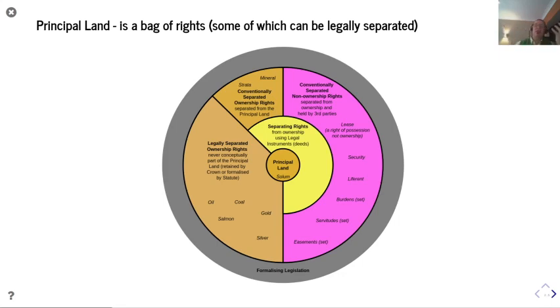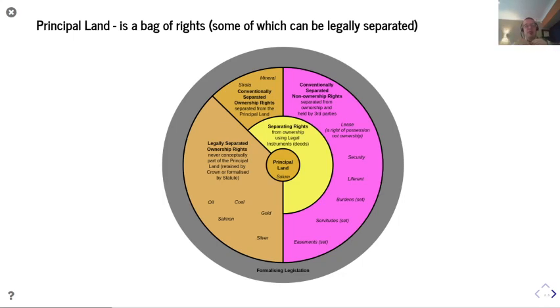The separation of some of those rights is actually undertaken by statute or the Crown in the first instance. If you remember from our first video, where we described how the Crown grants land, the initial granting of land from the Crown would have reserved some elements such as gold and silver or salmon fishing.